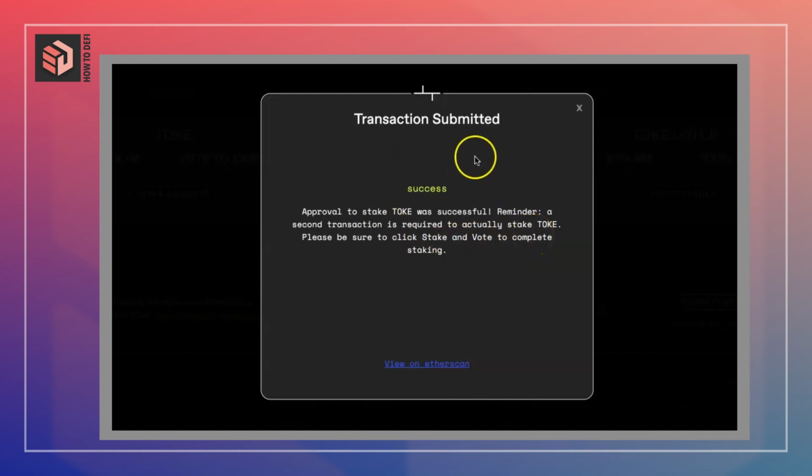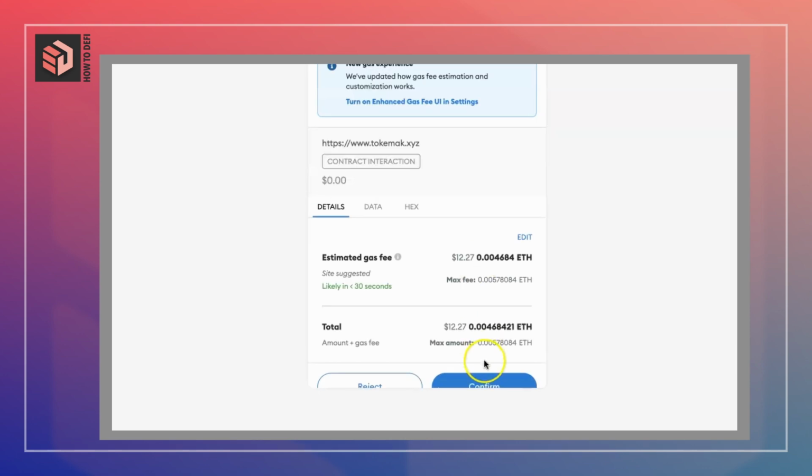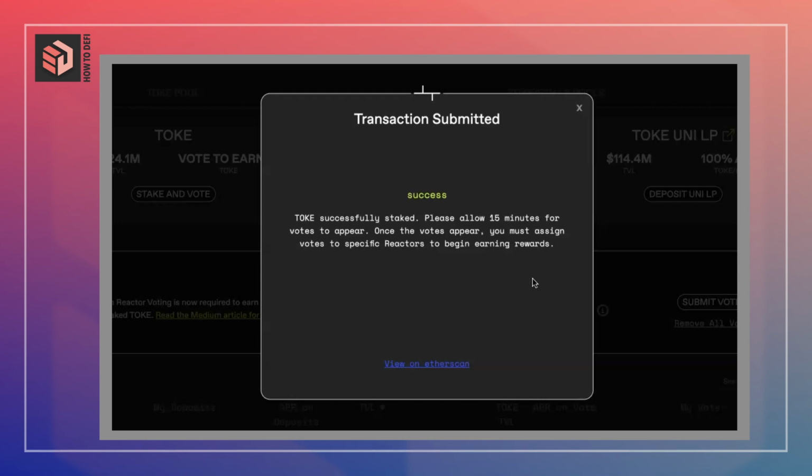So you can see that the approval for the transaction has been successfully submitted, but stake and vote needs to be clicked on again in order to actually make the transaction go through. So that's what we will do. Great. Now we're successfully staking our token.